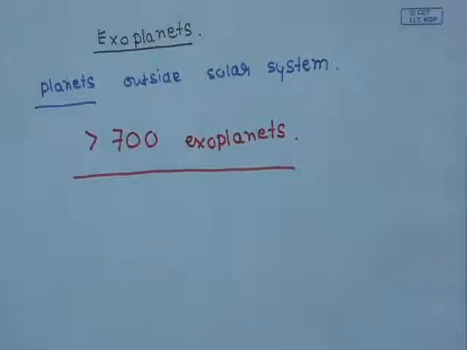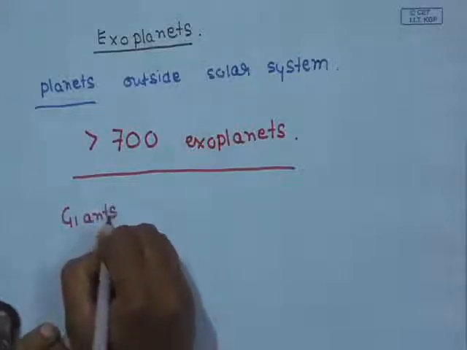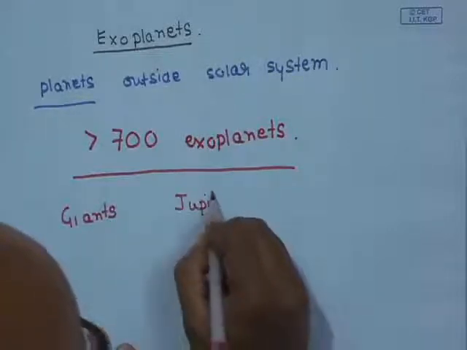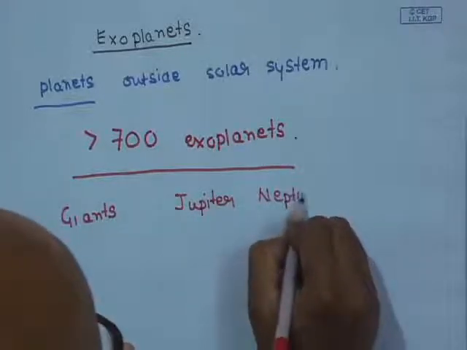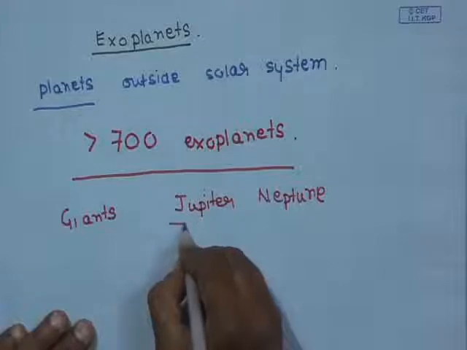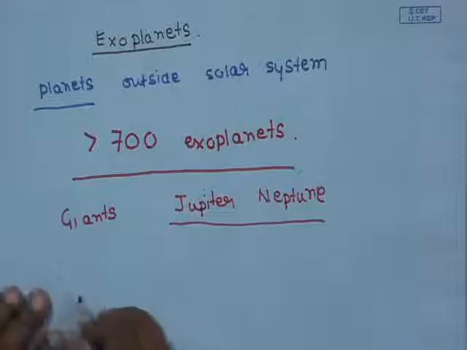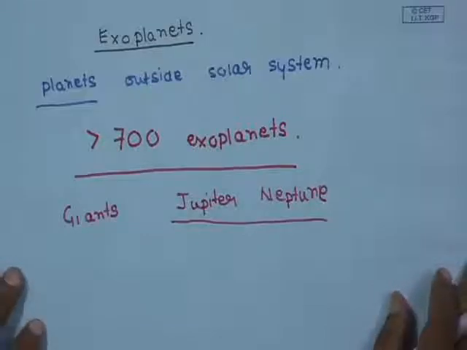Now, most of these planets that have been discovered are actually giants, like Jupiter and Neptune. So, these are all mainly giants, but there are a few planets which have been discovered whose masses are a few times more than the mass of the Earth.